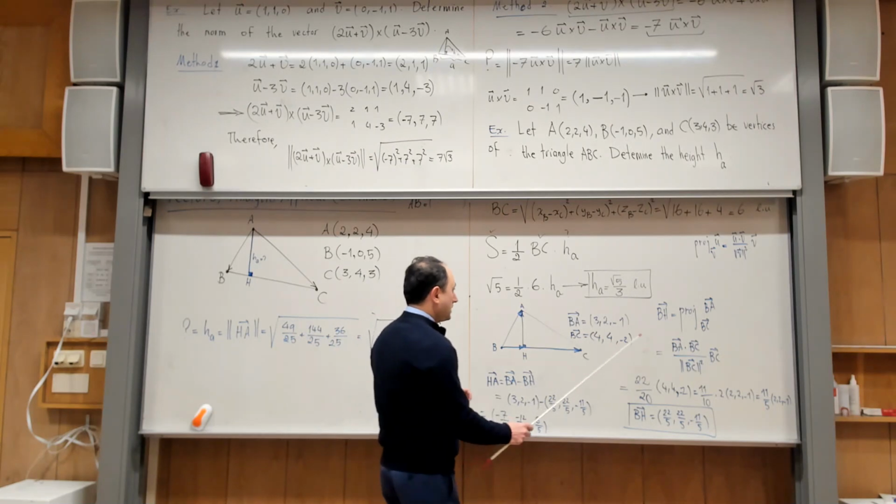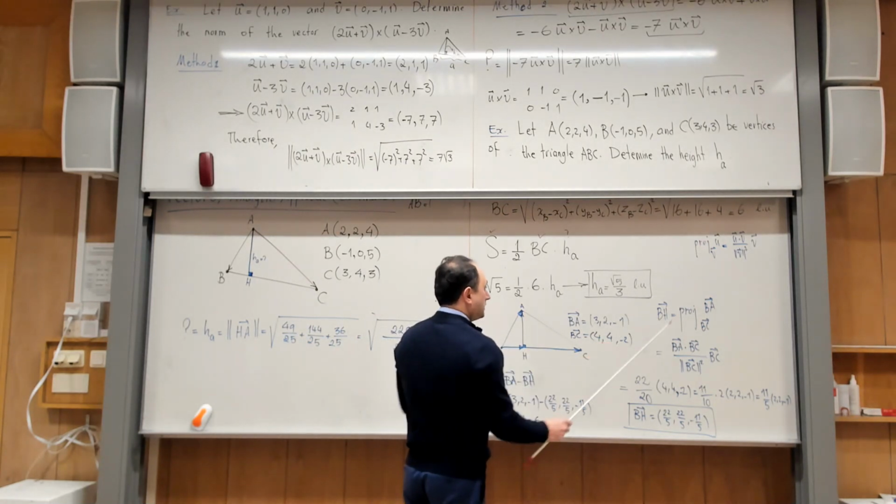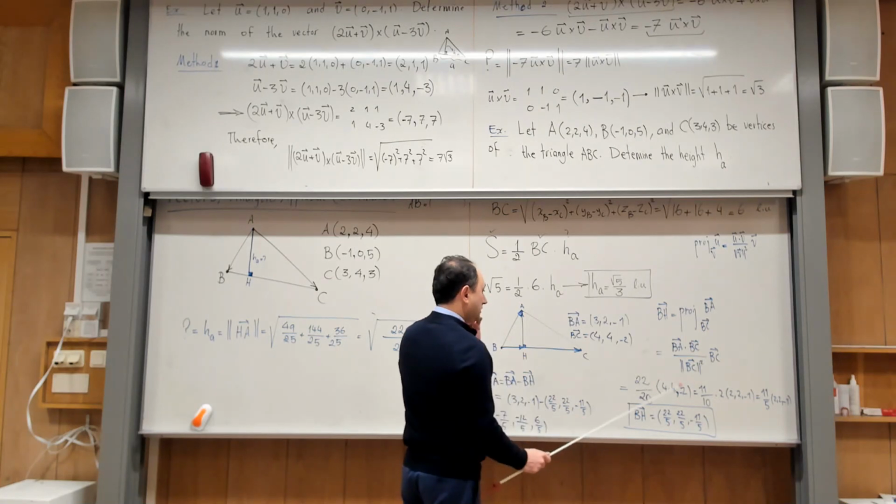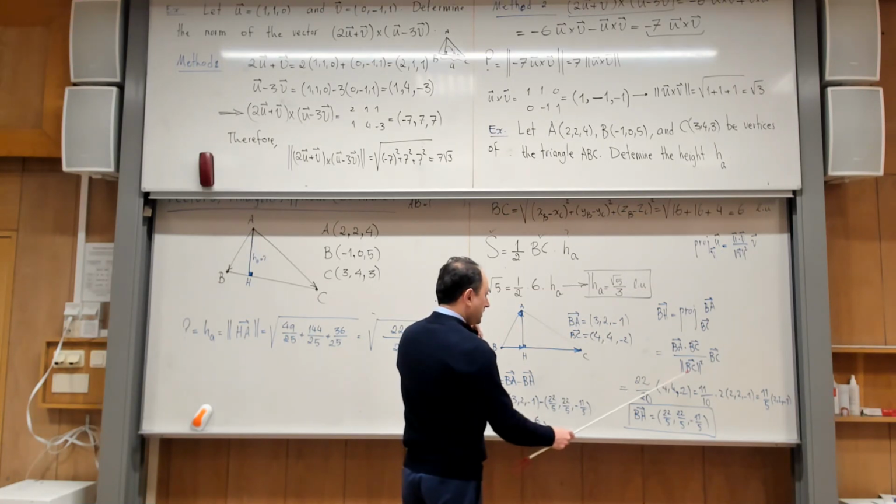So according to the formula, I have BA dot BC divided by that. That is also correct. BA dot BC is 12 here and 8 here. So far 20. And then positive 2 here. So 22. And then BC is 60.